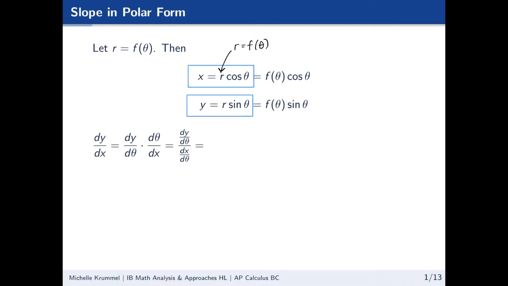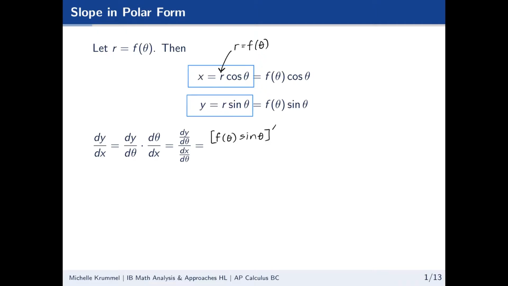Similarly, we can write the equation y equals r sine theta strictly in terms of theta by substituting something in for r. Whatever r is equal to, that f of theta, we'll substitute here in for the r. So dy d theta would be the derivative of this function right here, f of theta sine theta prime.